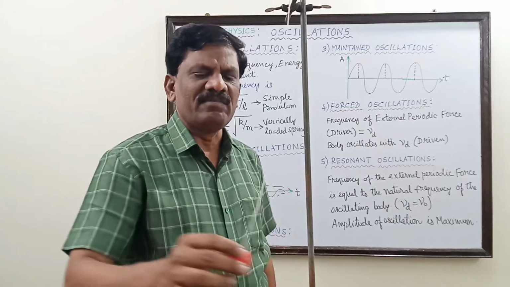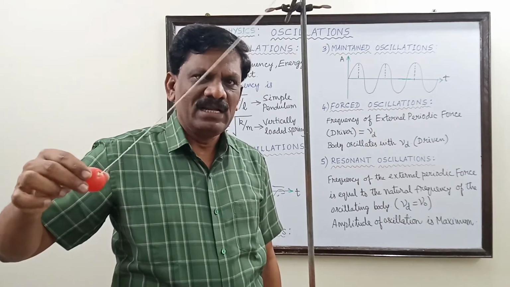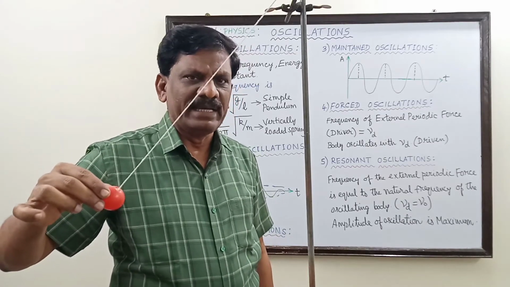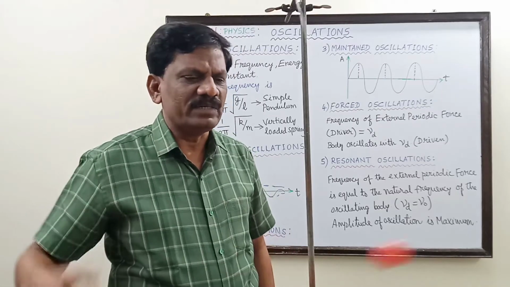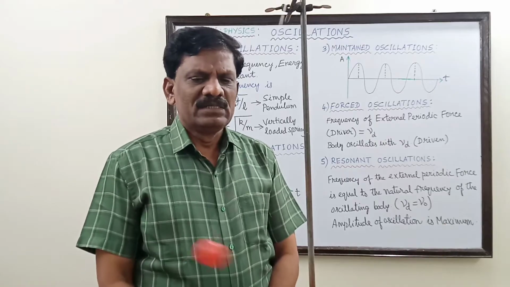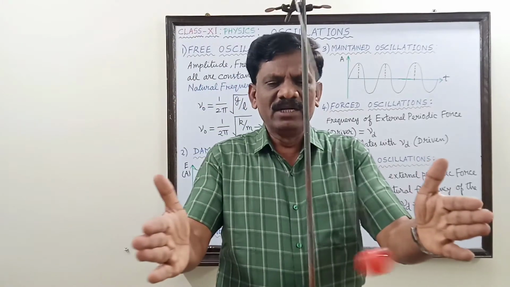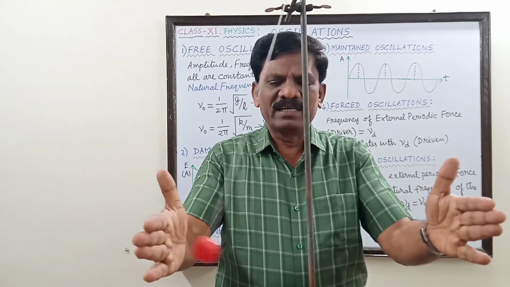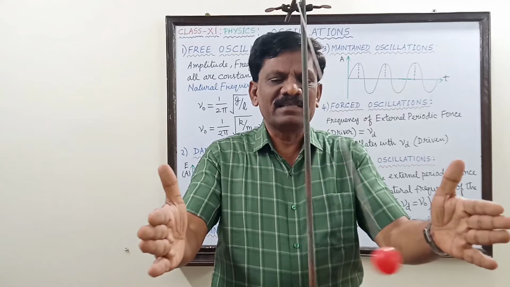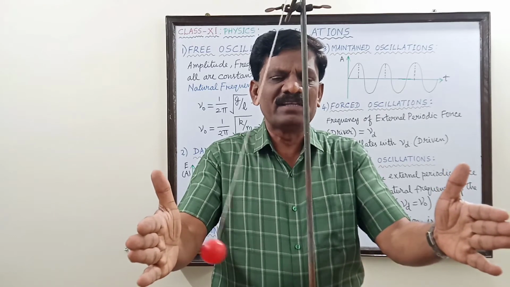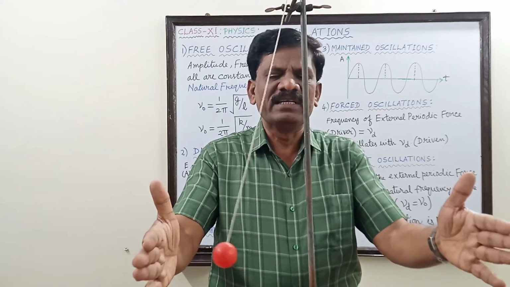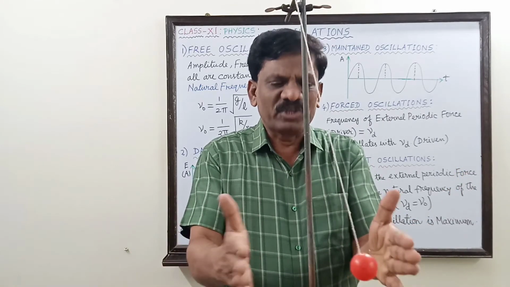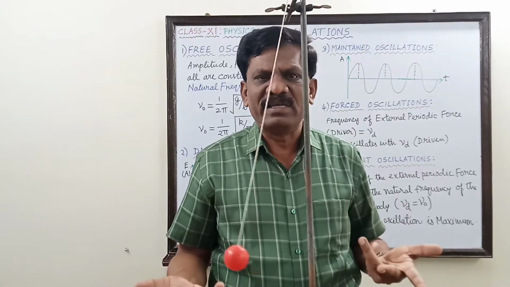In the presence of dense air inside this room, once again let us take it to an extreme position and leave it. You can see that the amplitude of oscillation continuously decreases. Can you all feel that the amplitude has decreased and shrunk towards the mean position, isn't it? The amplitude has minimized.